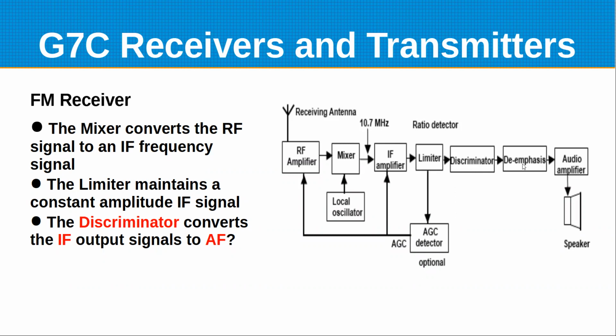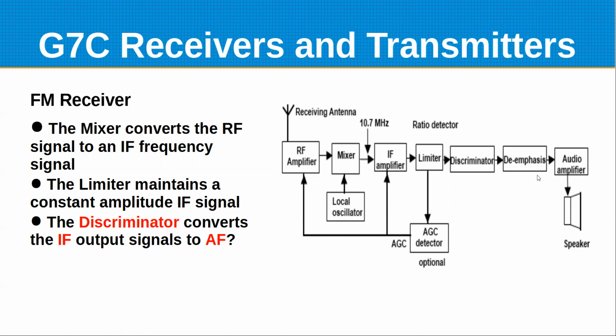And we have a thing here called de-emphasis. Normally on an FM transmitter, there'll be what they call an emphasis circuit, which is kind of like the voice compressor, and it will change the frequency range of the voice signal. And I don't remember all the reasons why, but when you get to the receiver, you have to undo that.